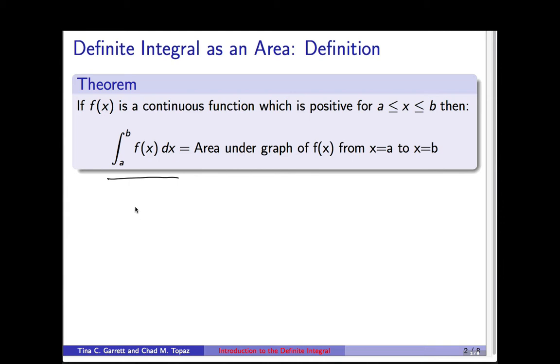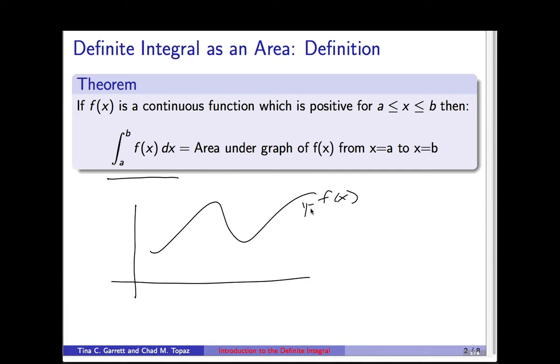So what are we talking about here? If you have some function f which is positive, then one way to define the definite integral, the integral from a to b of a function f of x times dx, and that's a technical piece, and we'll talk a little bit more about why that's there, but we won't focus on that right now.